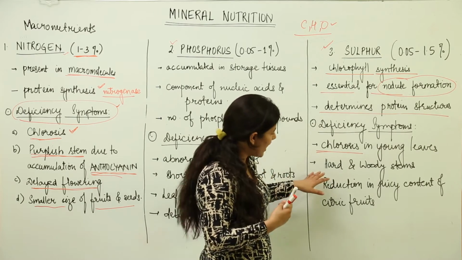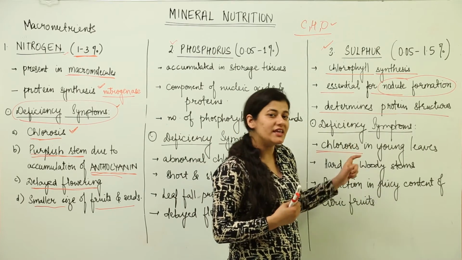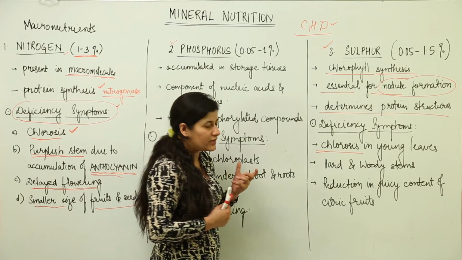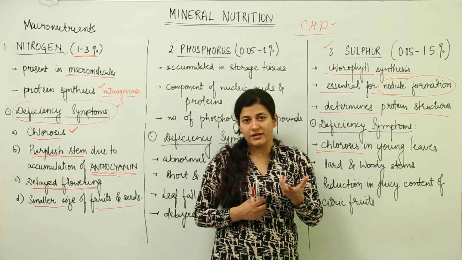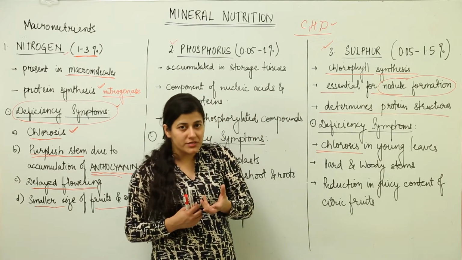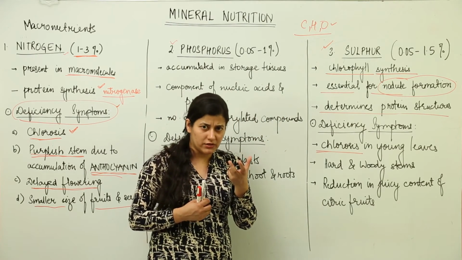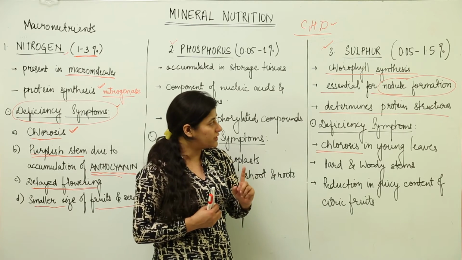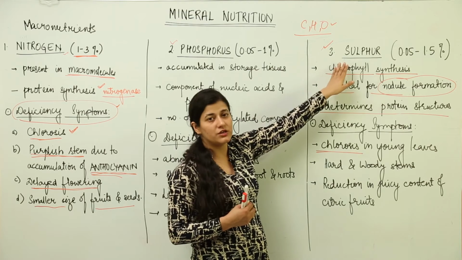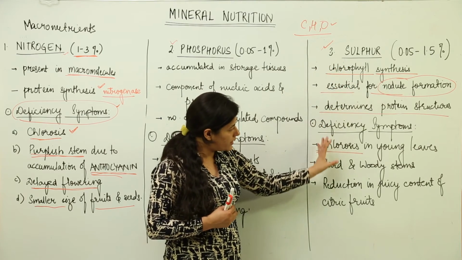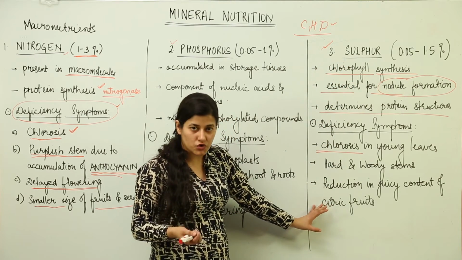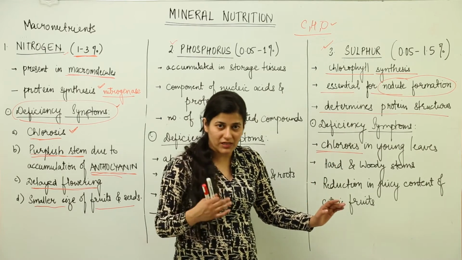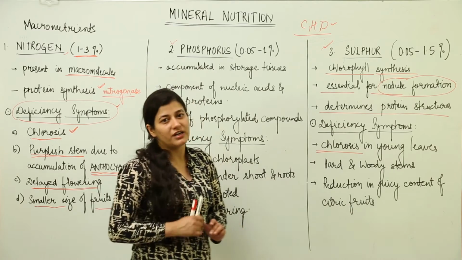A young growing plant would have a hard and woody stem in case sulfur deficiency is seen in the soil. And you might have seen that certain citrus fruits like orange and lemon, some of them are quite juicy, some seem to have lesser juicy content. That is because the lesser juicy content is due to the deficiency of sulfur. Alright, so these are the various deficiency symptoms a plant is going to show, out of which chlorosis is the most important, the initial symptom of sulfur deficiency.